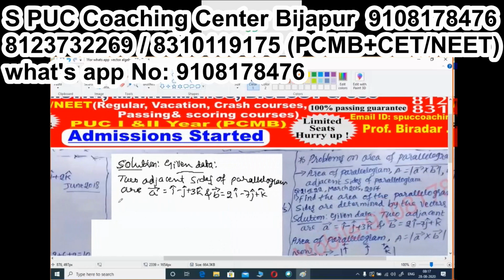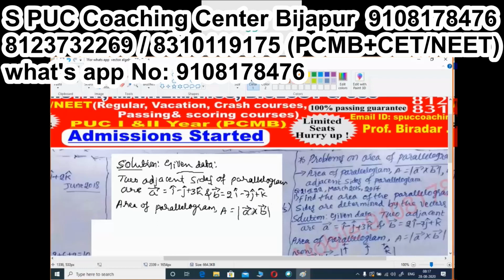So let us write the area of the parallelogram. Formula, that is area of parallelogram A is equals to modulus of A vector cross B vector.